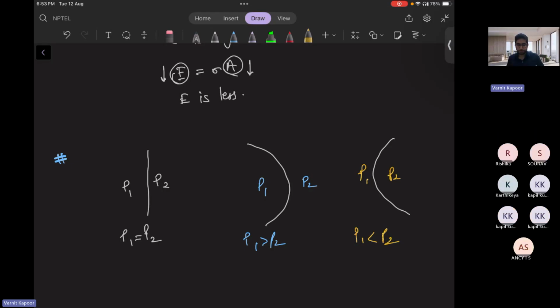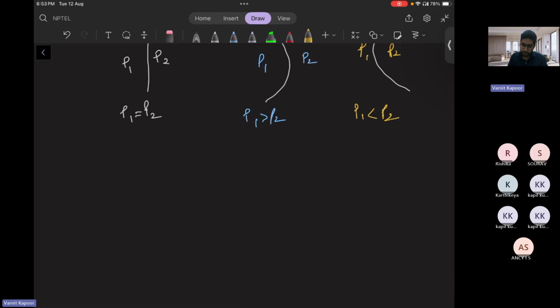Okay, all right. Let us come to the other topic, that is pressure inside. Now we need to evaluate what the pressure inside a liquid droplet or a bubble is, and how we can evaluate it. We will evaluate based on the concept of surface tension.